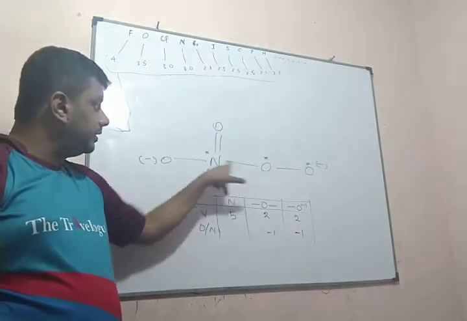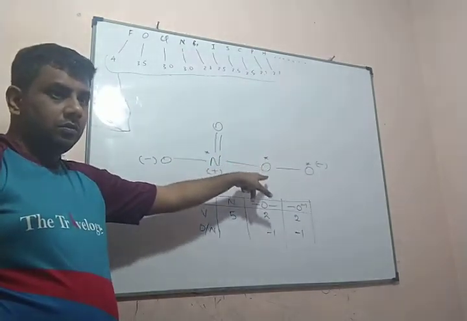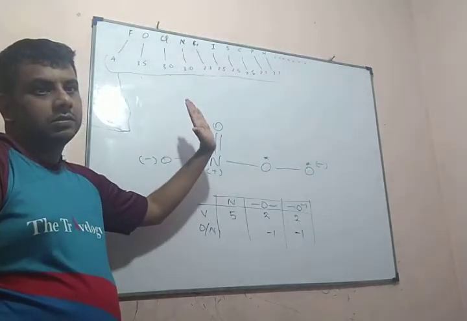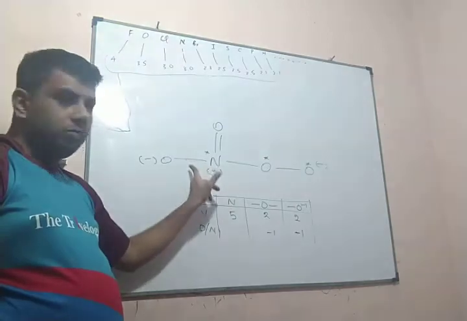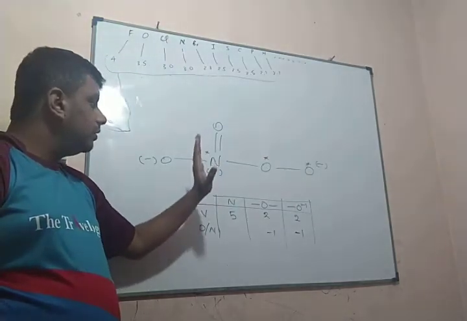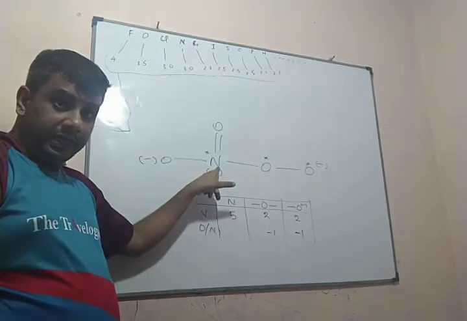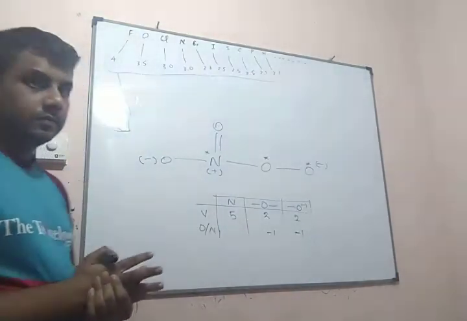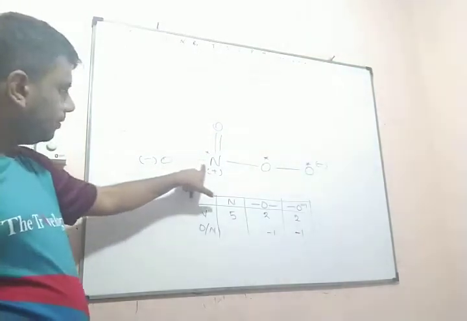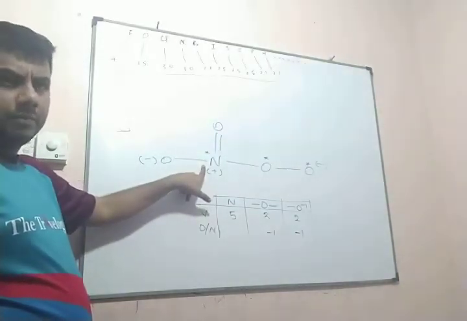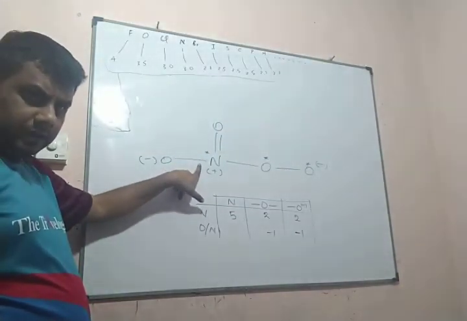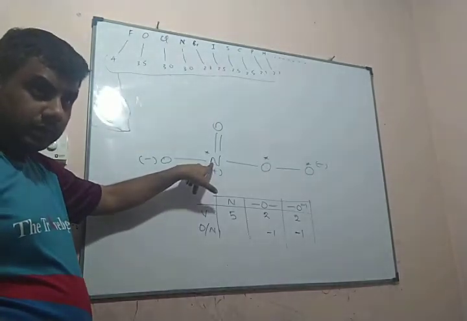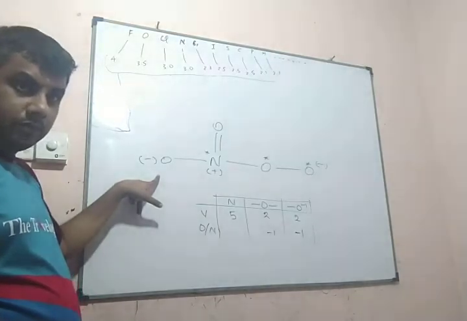Nitrogen is connected to oxygen. All surrounding atoms are oxygen, okay? Just see how many bonds. 4 bonds. So nitrogen should get -4 or +4. From this one bond, nitrogen is +1, oxygen is -1.